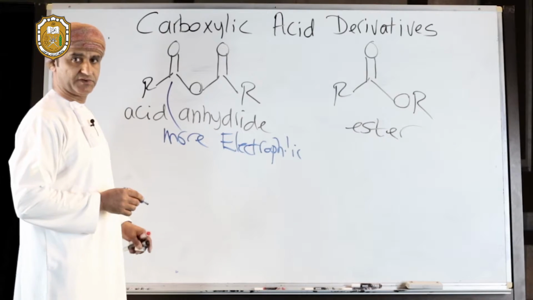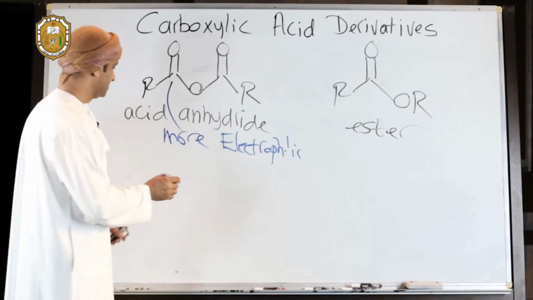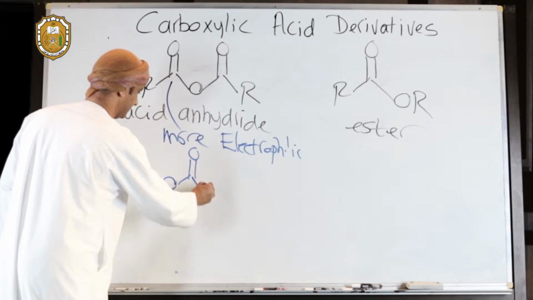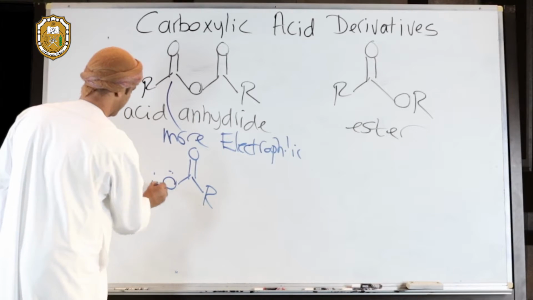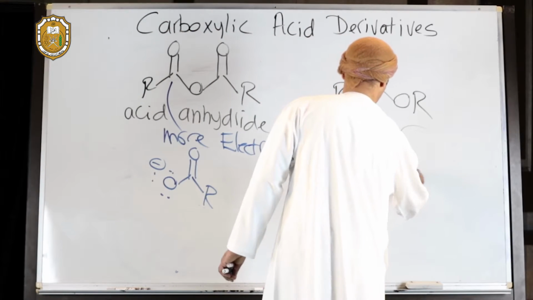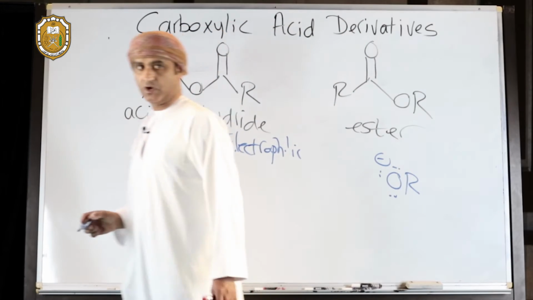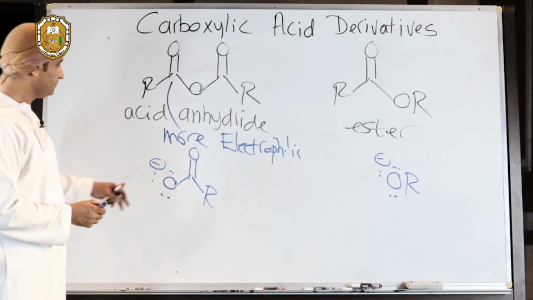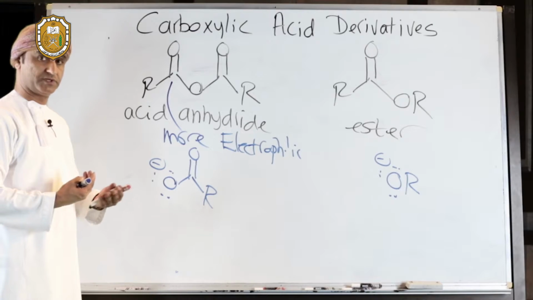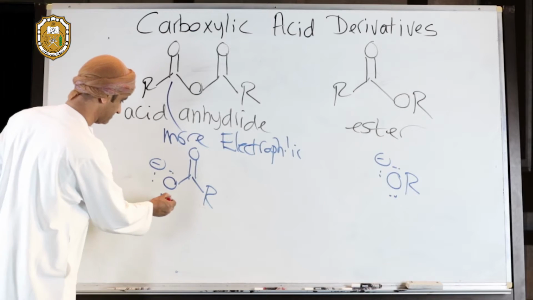Now, if acid anhydrides take part in nucleophilic acyl substitution reactions, then the leaving group would be the carboxylate ion. This is the carboxylate ion, and here we would have OR minus, which is the alkoxide. Now, carboxylate ions, as you already know because they are conjugate bases of carboxylic acids, are stabilized by resonance.